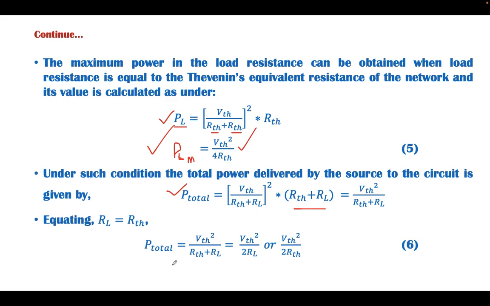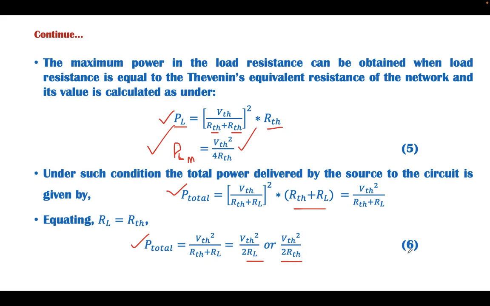The total power delivered by the source to RTH as well as the load resistance is VTH square by 2 RTH, or VTH square by 2 RL. This is the total power, whereas this is the power across the individual resistances, when we consider RTH and RL independently.